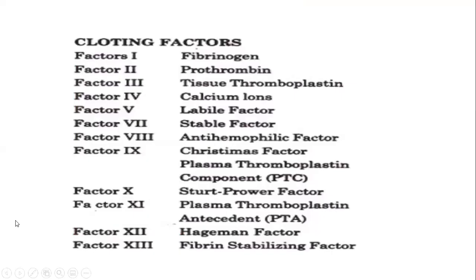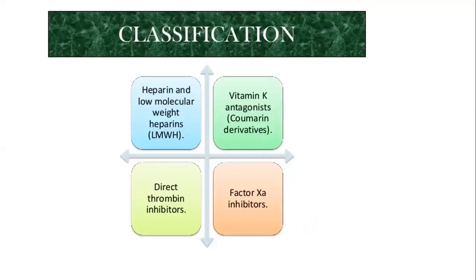Okay, then there are 13 factors which are responsible for the formation of blood clot. Then there are 4 classifications. One is heparin and low molecular weight heparin, which we also call injection enoxaparin.